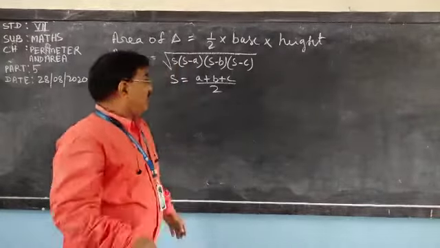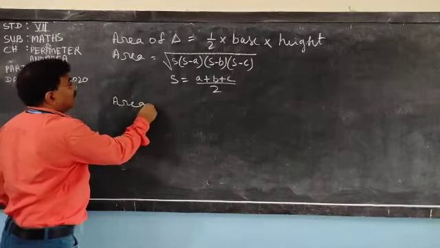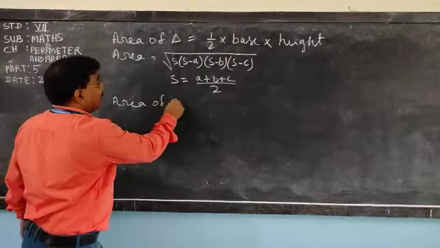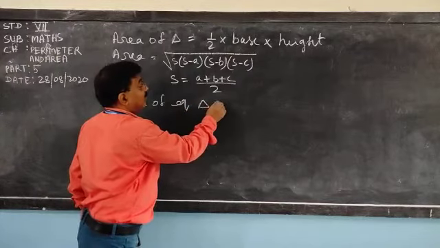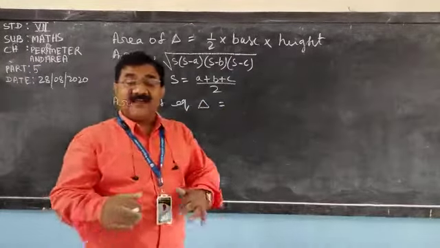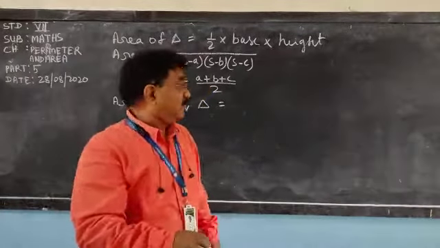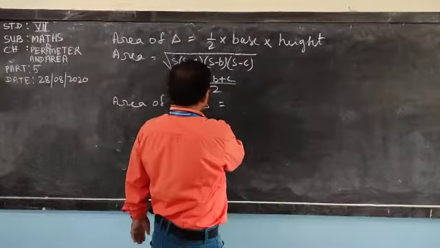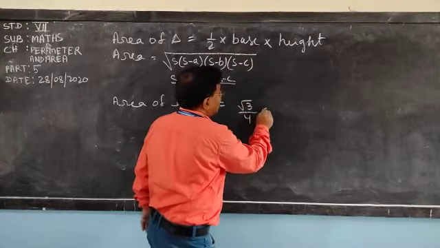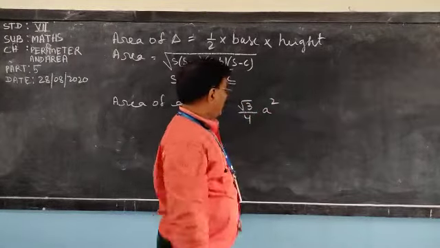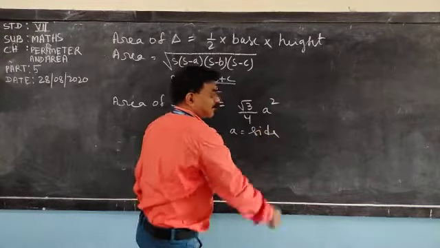One more formula we discussed: if the triangle is an equilateral triangle, when all three sides are equal, then we use the formula: area of equilateral triangle is equal to root 3 by 4 a square, where a is the side.